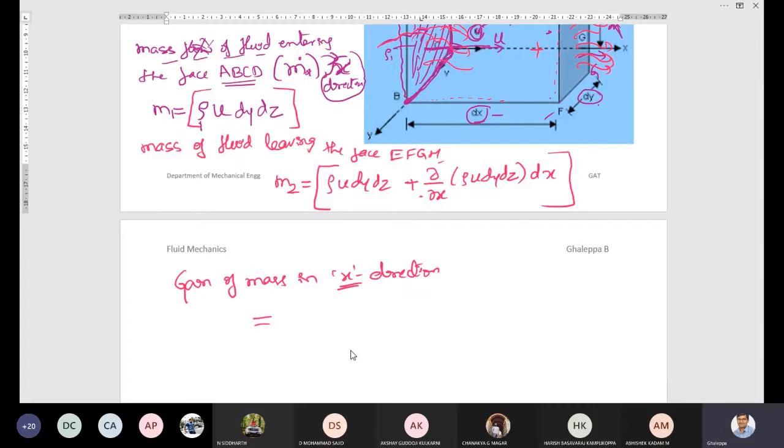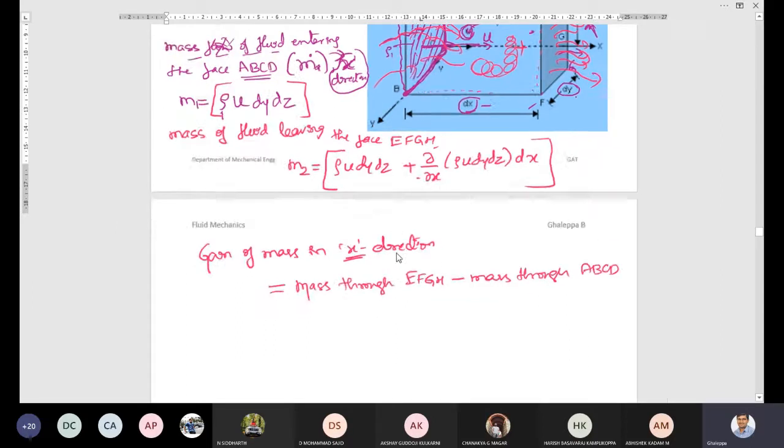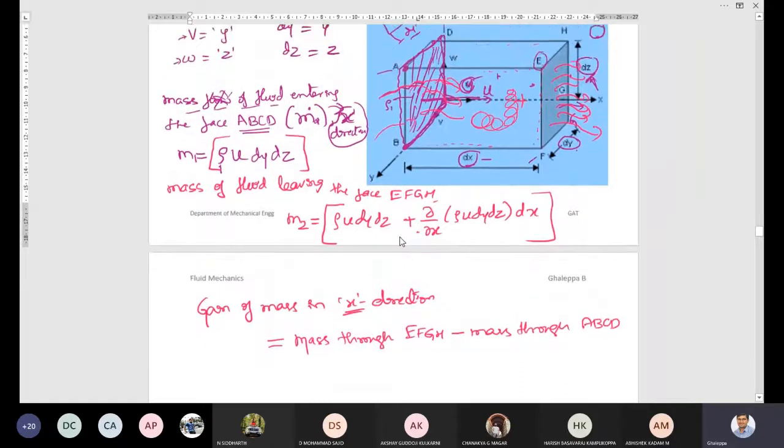Correct? So I will write: mass through the EFGH surface minus mass of fluid through ABCD. So total mass which is going outside, total mass which is coming inside. So outlet minus inlet tells us what is sitting inside, the mass of the fluid which is stored inside. So I have written gain of mass in x direction.